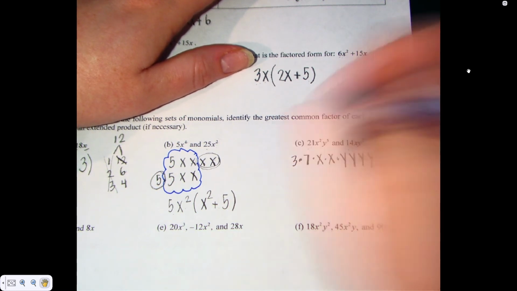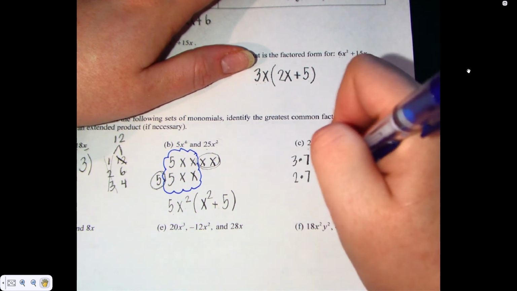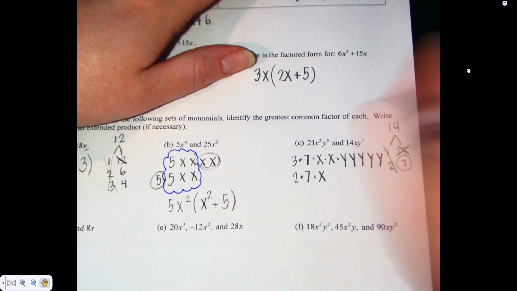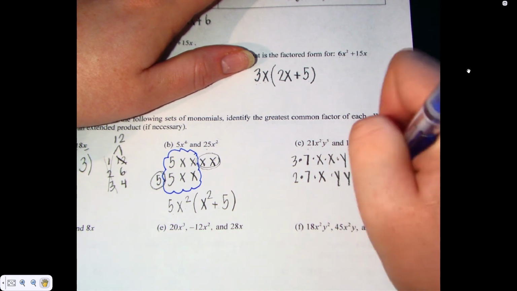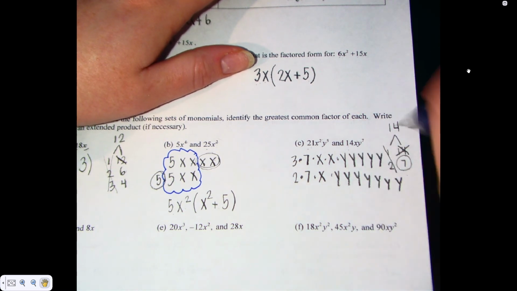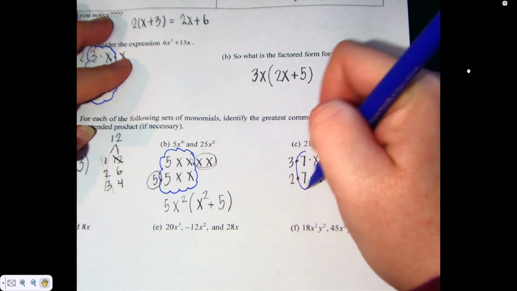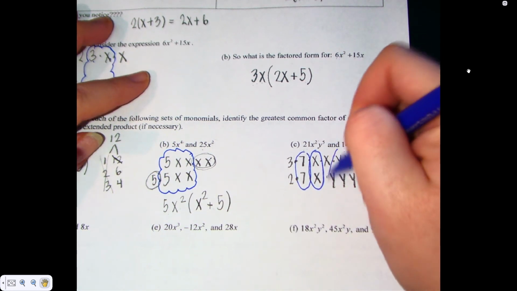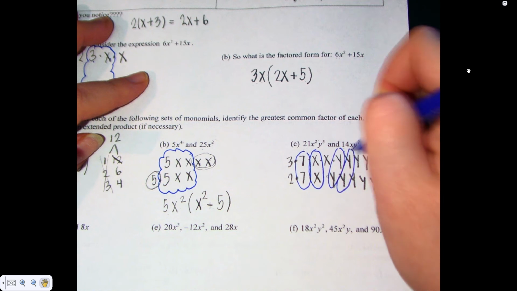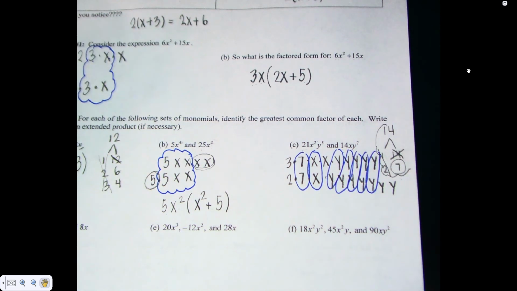Well, 7, so 2 times 7. And this one only has 1x and 7 y's. 1, 2, 3, 4, 5, 6, 7. Oh no. Okay, so what does it share? Shares a 7, shares an x, shares this y, this y, this y, this y, this y, but that's it.